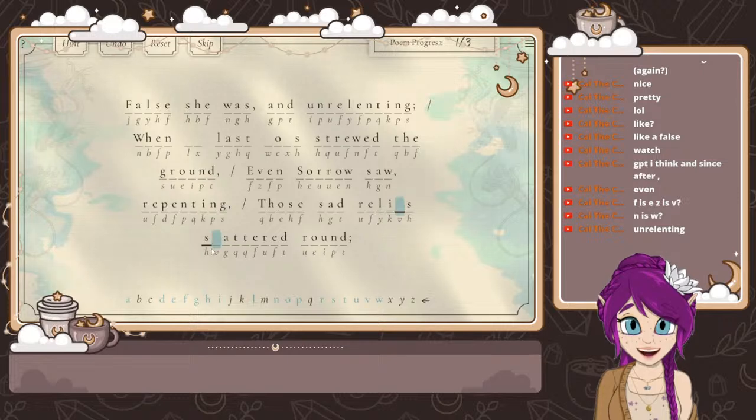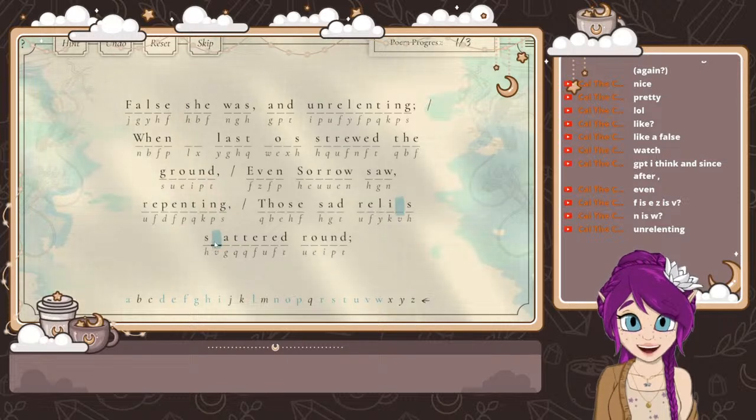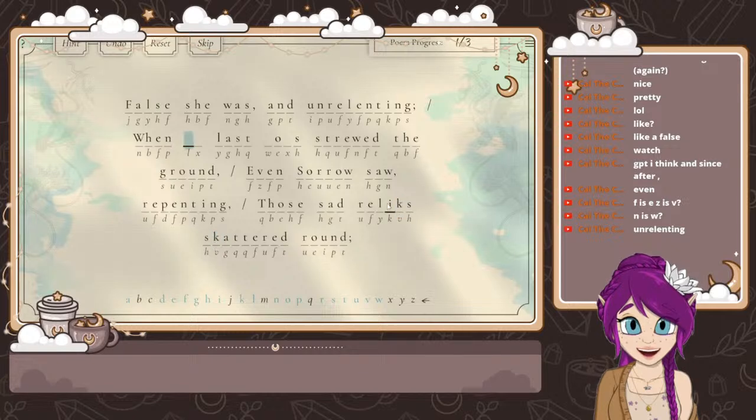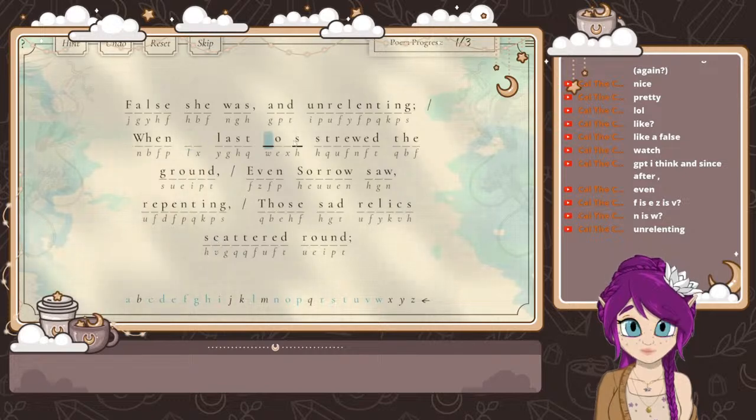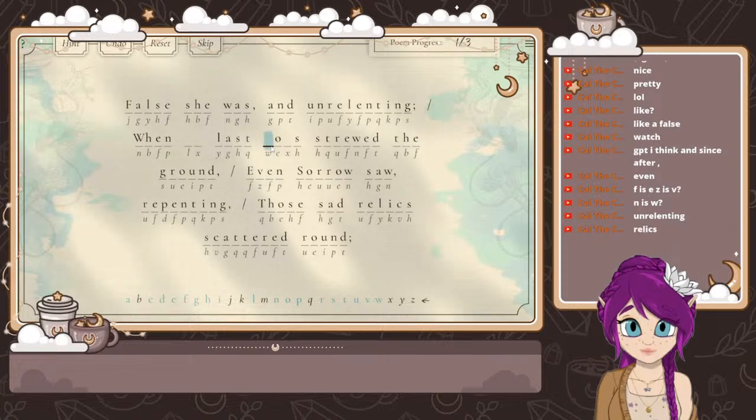Oh, no. Scattered? Relics? Scattered? Actually, I think it might be a C. When last. No, not most. Last something strewed the grounds.